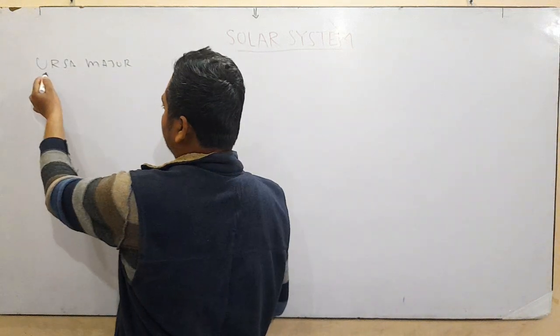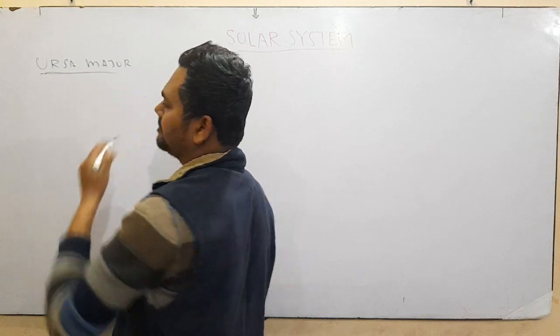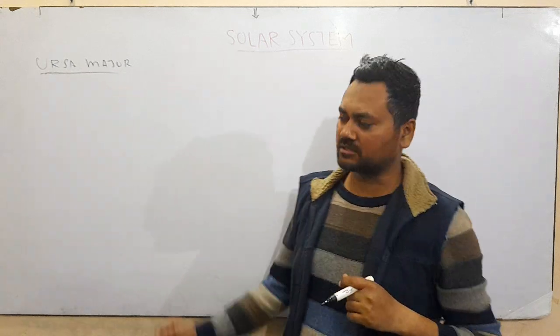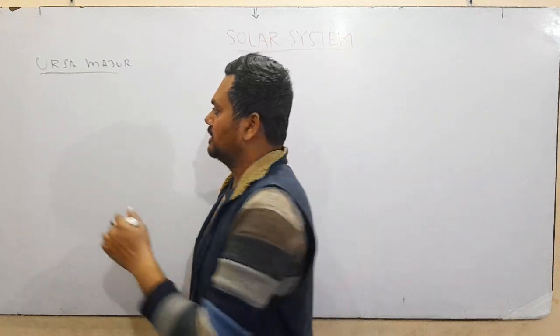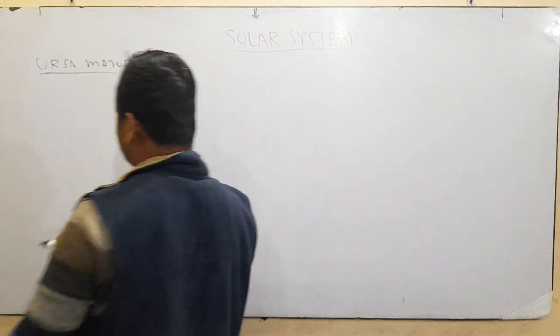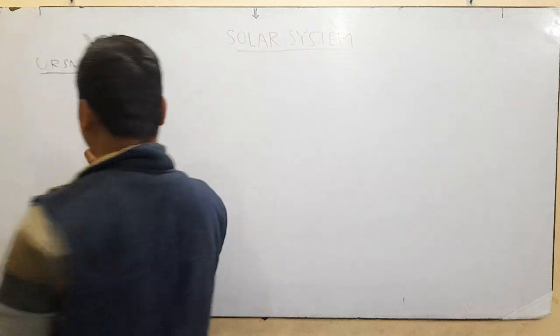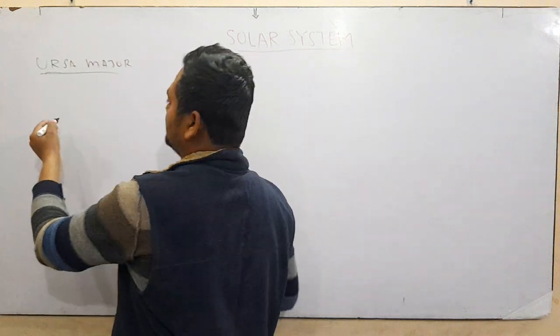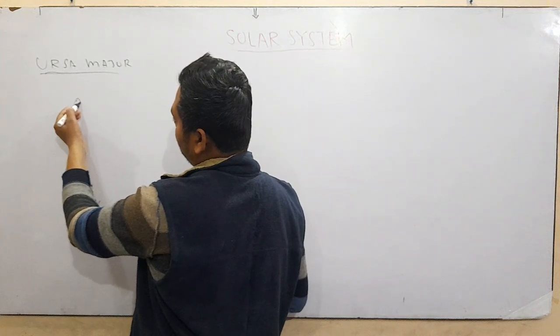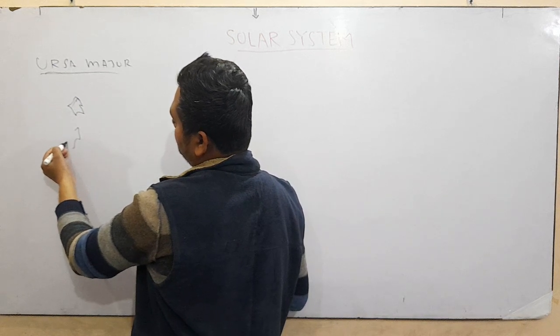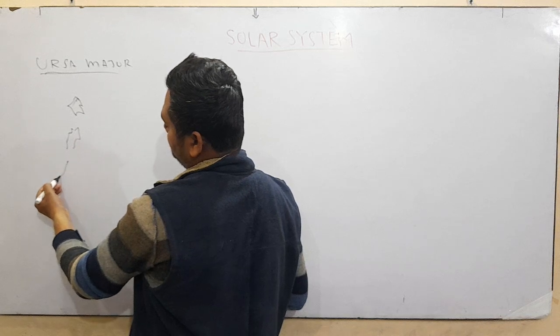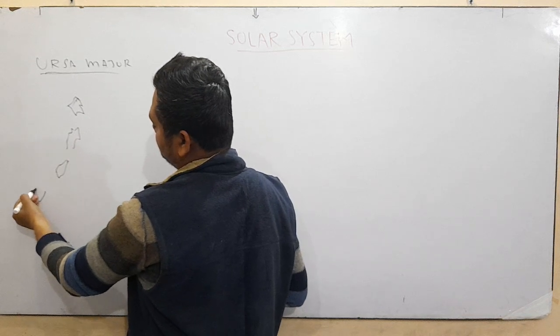What is the use of this Ursa Major, this Saptarishi? It is always visible in the north direction. Let's assume this is the north direction. There will be four stars like this, by the way, in fact, these are five stars.